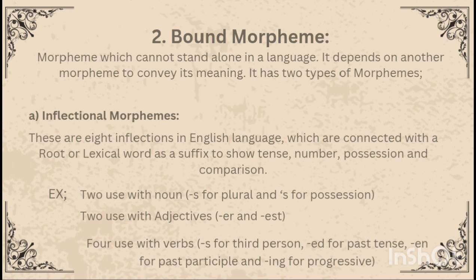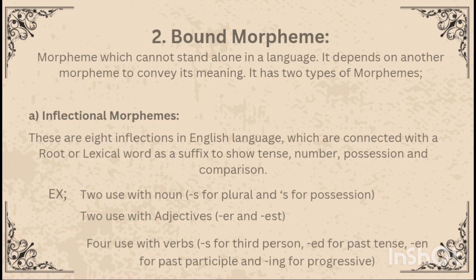Then we have four inflections with verbs to show tense, like -s for the third person with a verb, -ed for past tense, -en for past participle, and -ing for progressive.